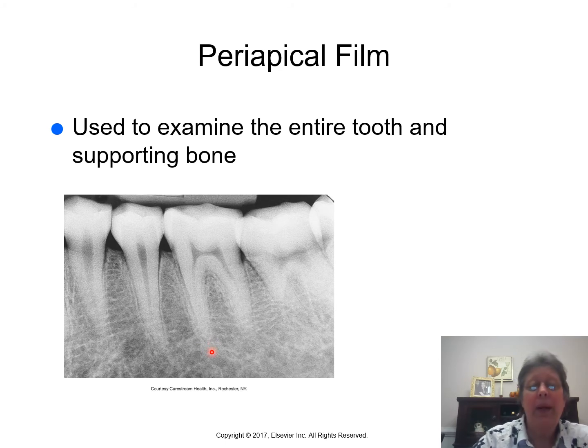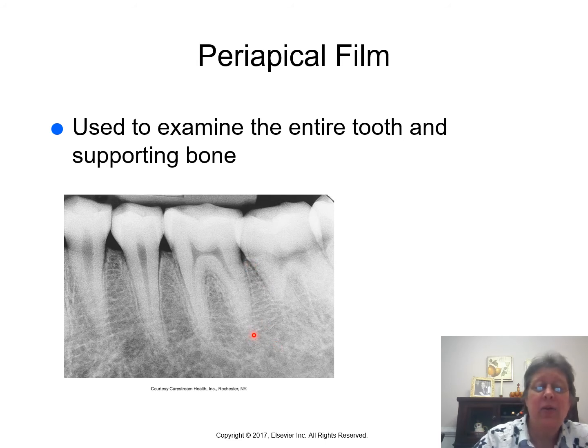So when we take a periapical, we're going to see the crown, we're going to see all of the root, we're going to see supporting bone, and we will actually see about 2 to 3 millimeters of bone below the end of the root. With this one, we can use it to diagnose bone loss around the teeth, which would be a patient that may be having periodontal disease.